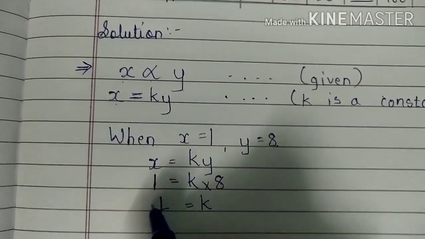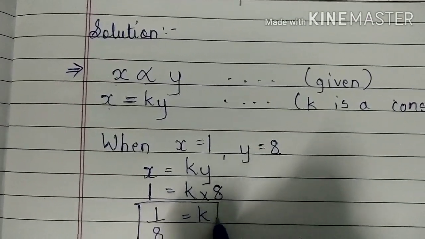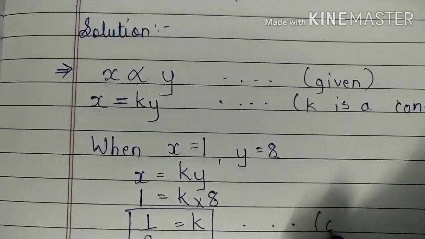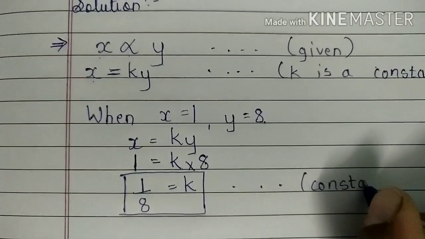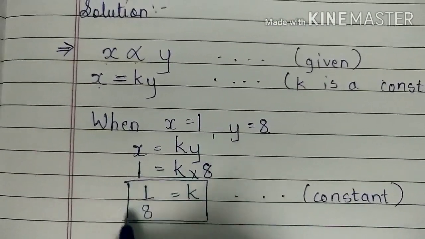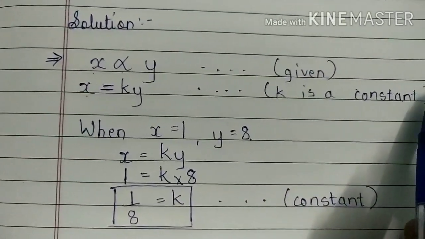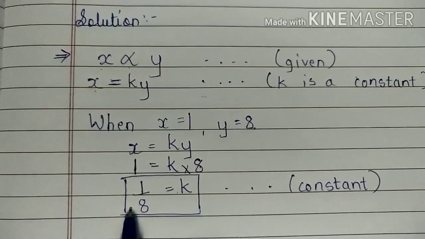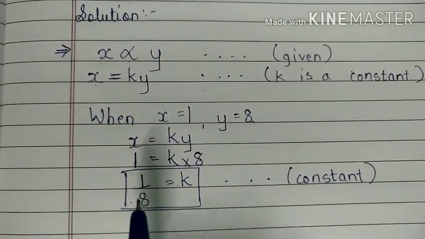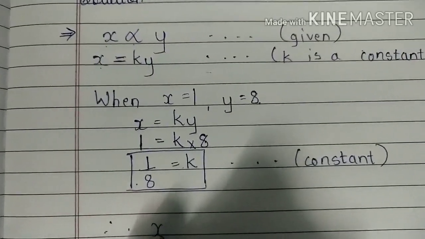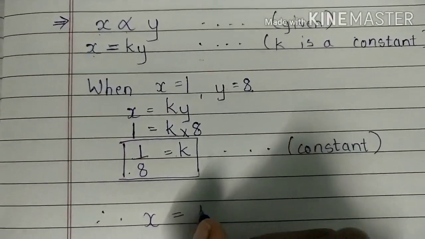Now this k's value is 1 upon 8, which is the constant, right? This was the constant. So I got k's value. We were not knowing the constant's value. Using this, we found out k's value. Okay, and then the equation of variation can be written as x is equal to ky.